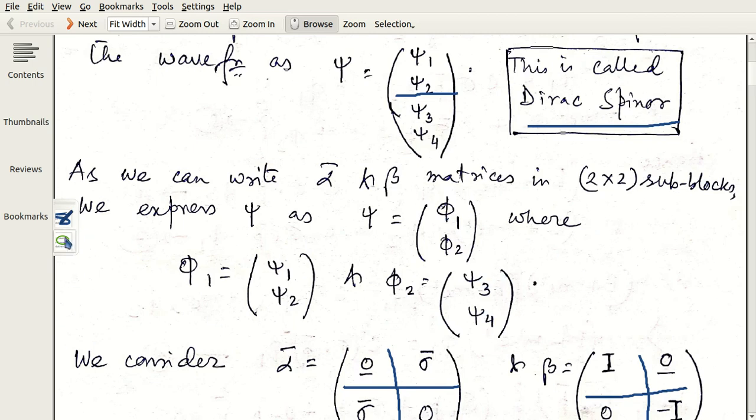So you write psi as phi 1 and phi 2. It looks like a 2 component vector, but each component is itself a 2 component vector.